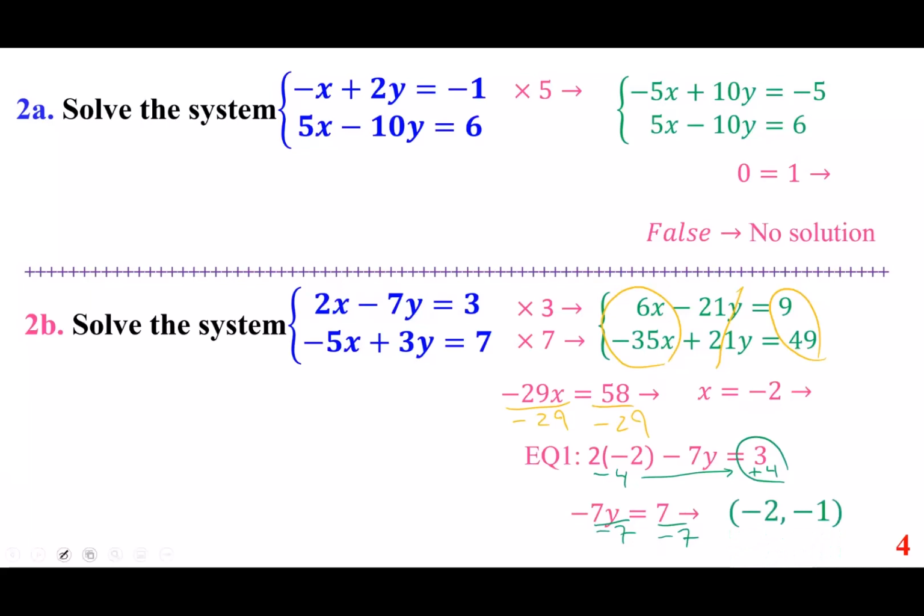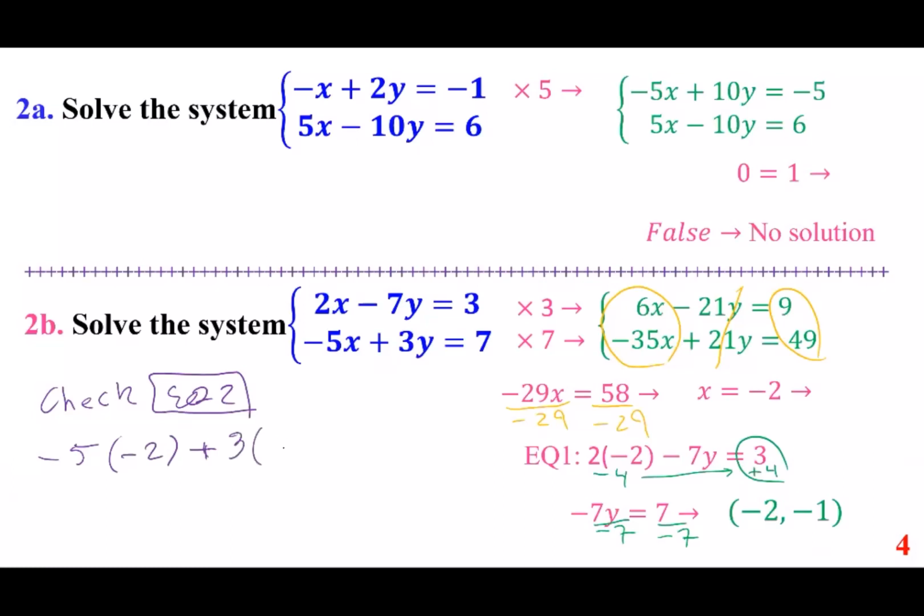Now, what's important is this. You must check your work. How? You use the first equation. Now you put this into the second equation. Negative 5 times x, which is negative 2, plus 3 times y, which is negative 1.